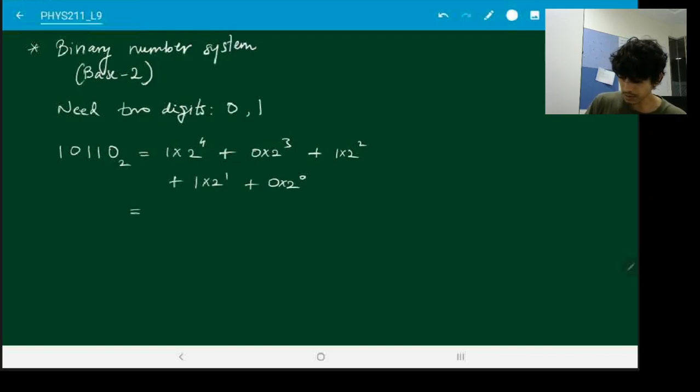So what is this? This is 16, 8 is not there, 4, 2. So this is actually 22. 22 in base 10 or in decimal. So the number 22, what we call 22 in decimal, in binary it is written as this.